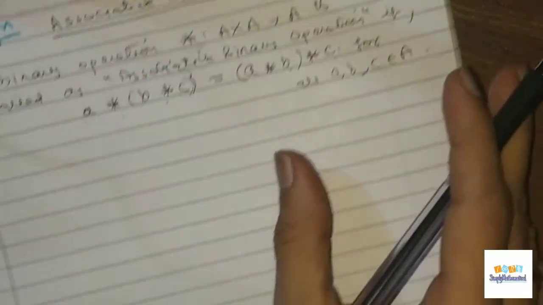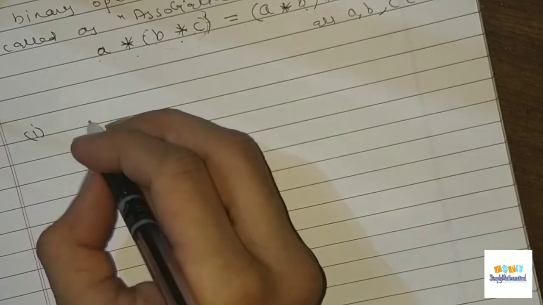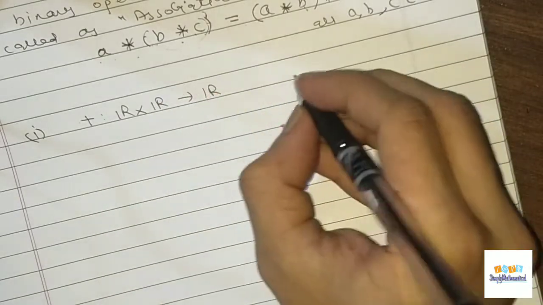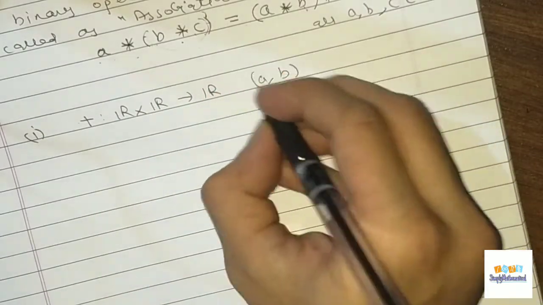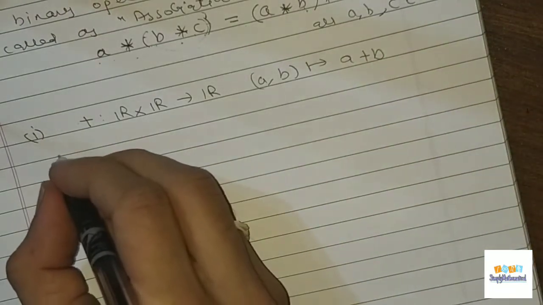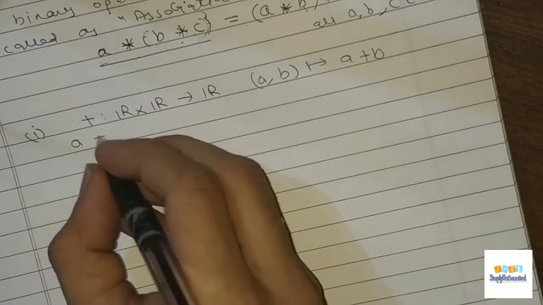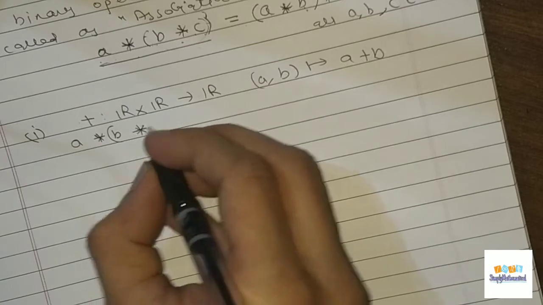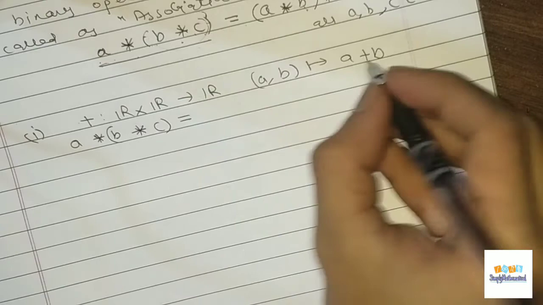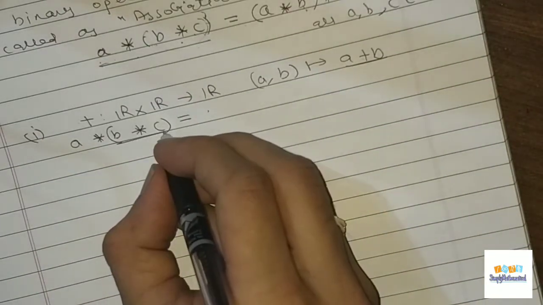So let us look at some examples. First let us take the example of addition, from R cross R to R, defined by (A, B) going to A plus B. Now let us look at the left hand side, A star (B star C). So what will this be under this operation? You can see that first B star C is operated.